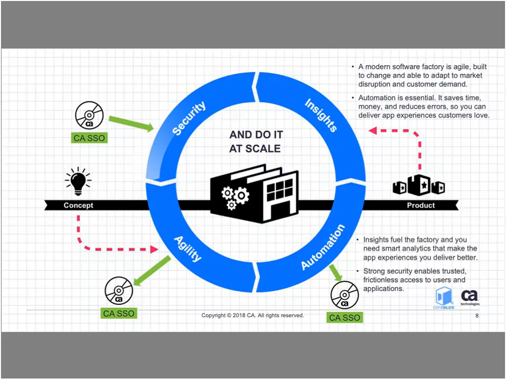So fundamentally, one of the additional things we have to think about in relationship to CA SSO is how do we continue to enable other aspects of the modern software factory to be achieved as our customers, the people here that are on the phone, are trying to end up becoming a modern software factory where they deliver apps and upgrade those apps and change those apps for the benefit of their customers. How do we enable that to be achieved with CA SSO being part of the picture? So in this, again, sort of the simple picture is, yeah, CA SSO fits in and it's primarily a security-based offering.